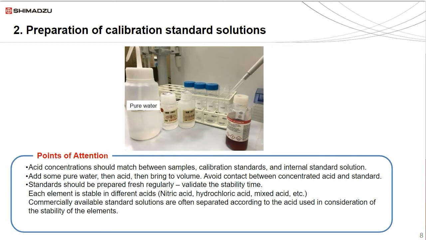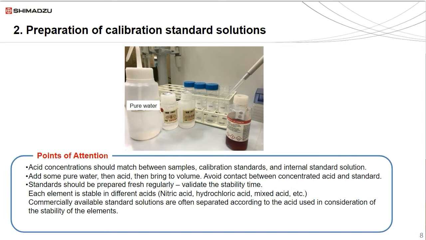To prepare standard dilutions, stock solution is added by a pipettor in different volumes and diluted into volumetric flasks. Dilutions should be prepared regularly, and the stability time of standards should be validated by measuring signal stability over time.